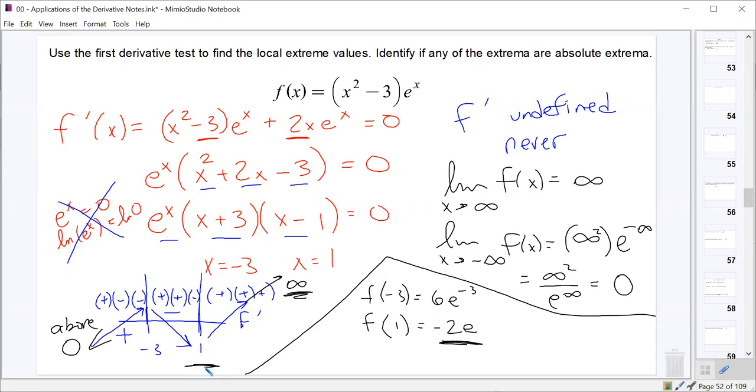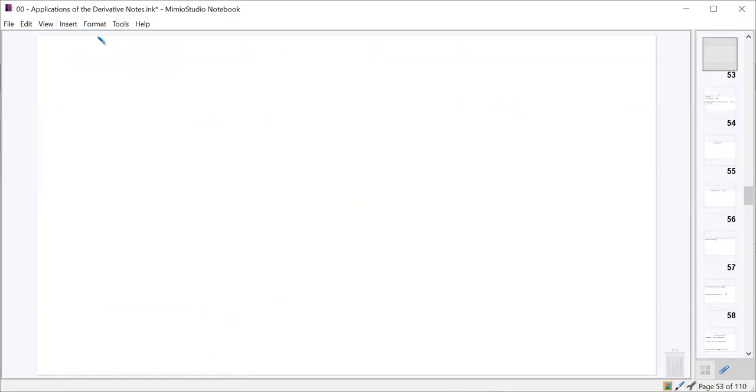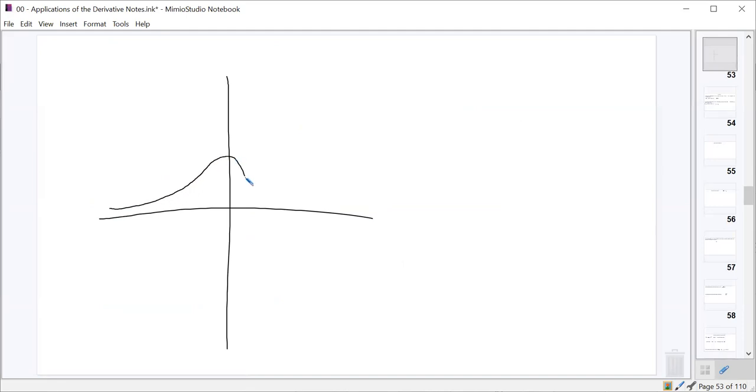But if over here on the left we were staying above 0, it would tell us that this graph must follow a trajectory that looks like this. We are going towards 0. We're increasing to a local max. I kind of threw this over a little further than I should have, maybe.